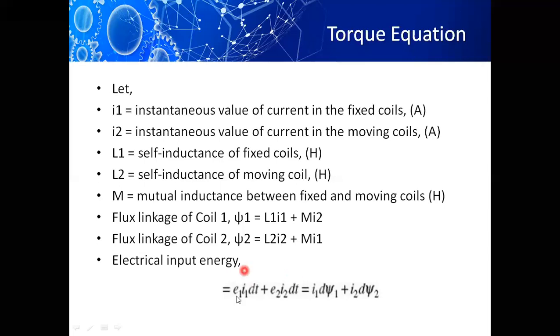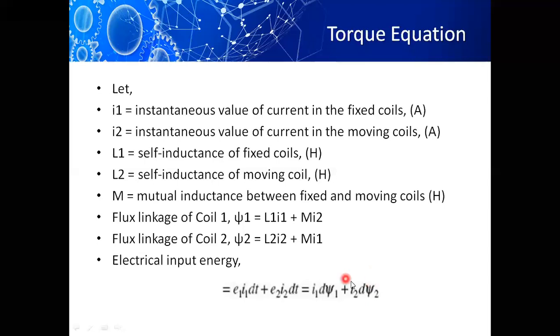Now we can write E1 I1 dt as I1 into the change in flux linkage of coil 1, d psi 1. Similarly, E2 I2 dt can be written as I2 into the change in flux linkage of coil 2.